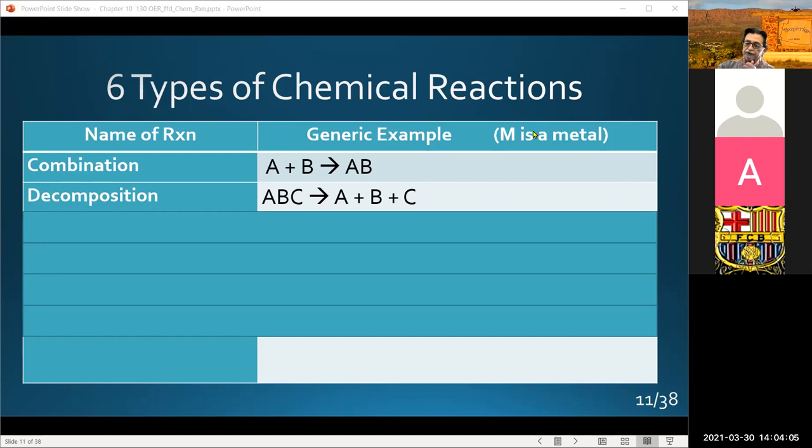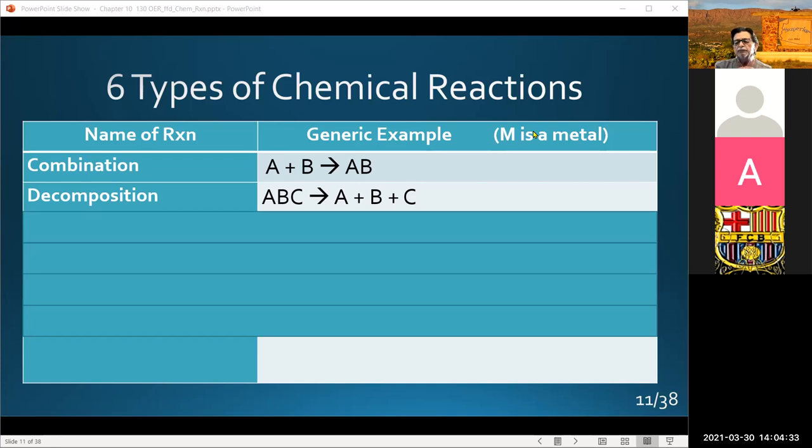In this case, they're using something ABC, some complex compound, but they decompose back to the respective elements, A, B, and C. In other words, you start with one reactant and you break it down to form multiple products.